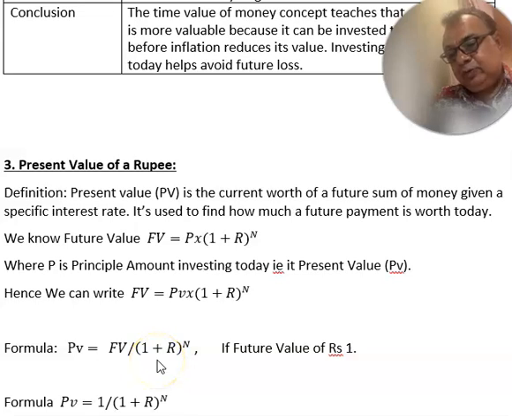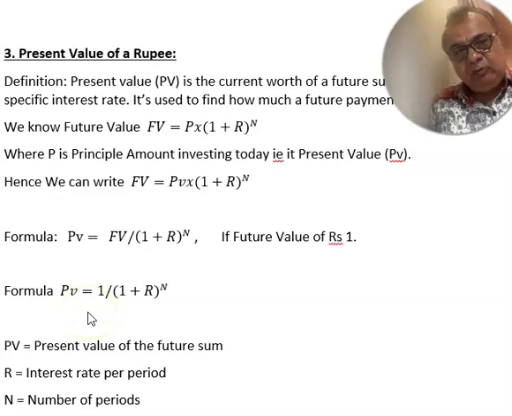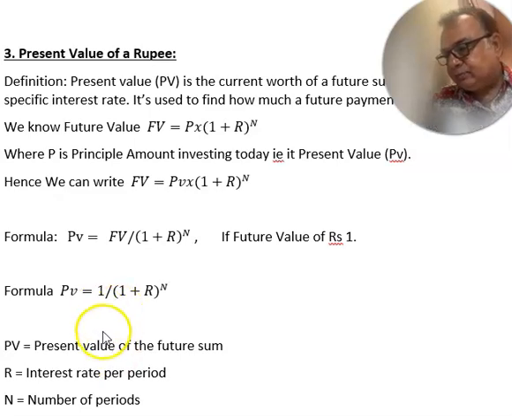If you assume future value is rupee 1, you are going to get rupee 1, then the present value formula will be 1 divided by (1 plus R) to the power N. This is a very important formula for valuers, especially for income approach methods.